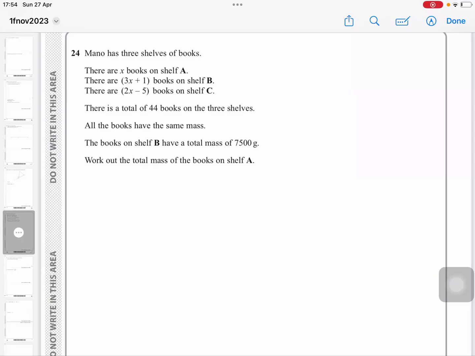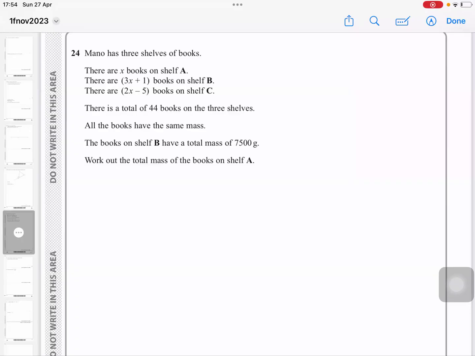And finally, my keyboard is blocking the screen. What's the last one? The number of books on shelf C. 2X minus 5. Okay. All right. And we're going to say that all that is equal to 44.